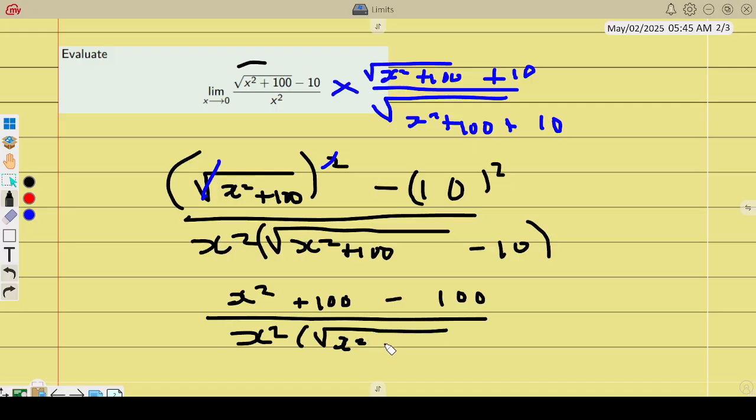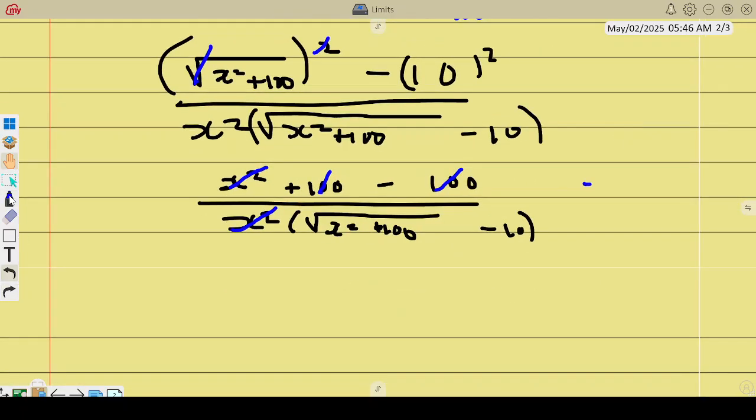So this is x squared minus x squared plus 100 minus 10. So 100 minus 100, we can see it will go away. And then we have x squared, it will cancel with this x squared. So everything that was on top has gone away, meaning we'll remain with 1.